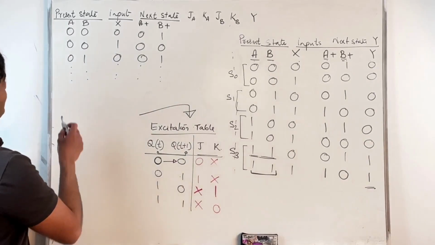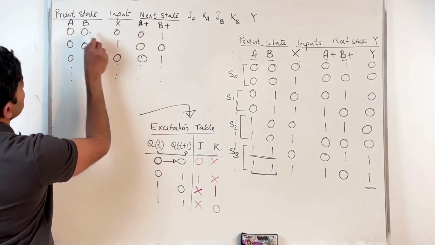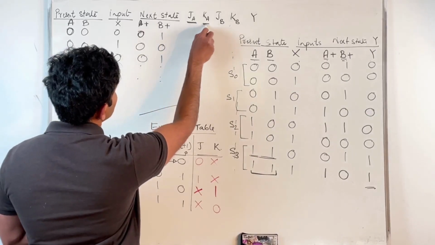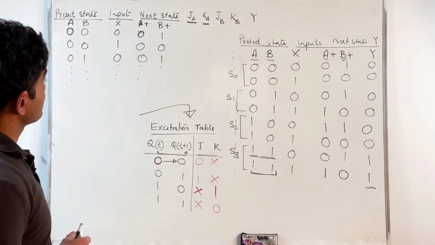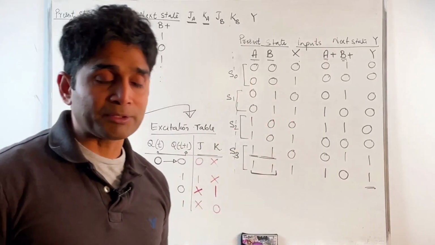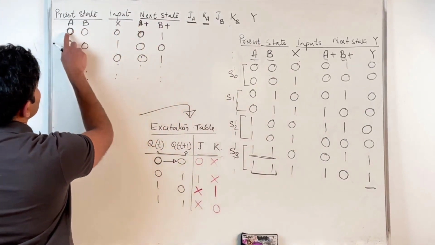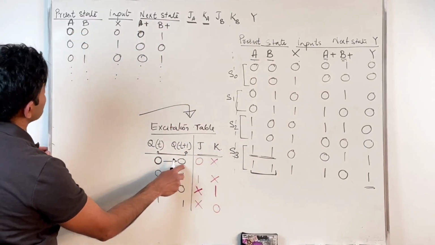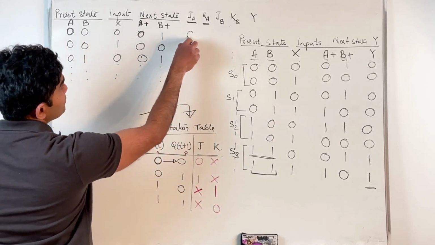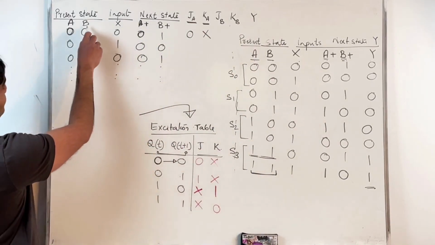Now for this transition A to A plus of 0 to 0, what should be applied on JA and KA, right? Ultimately, I need to find out these values because JA, KA, JB, KB are the outputs of my combinational block. So for the 0 to 0 transition, A to A plus, my JA should be 0, KA should be X. Now for B, let's do the same thing.